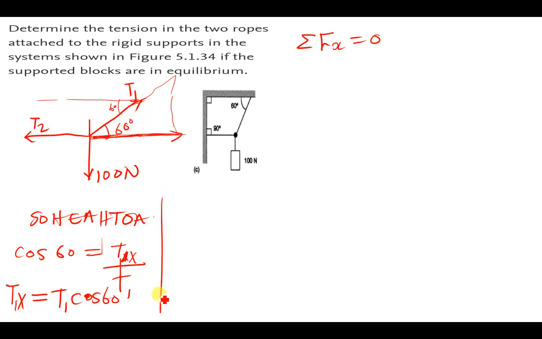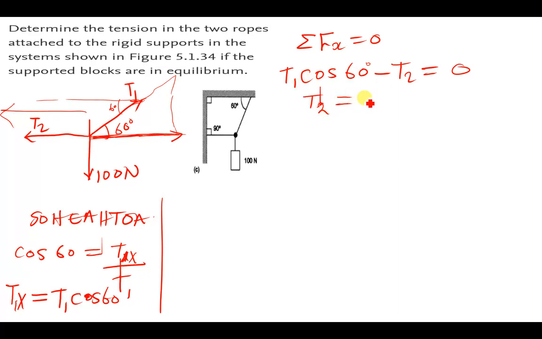So now from here we can write it in the formula. So this is one of the X components that we have. So we have T1 cos 60 degrees, and then we also have this T2, which is directed in the negative X. So we say minus T2 is equal to 0. So we make T2 the subject in this equation.